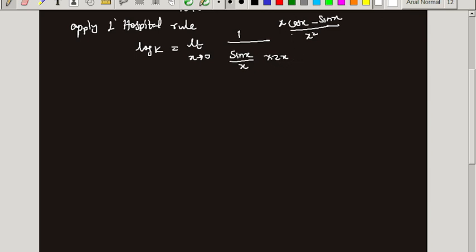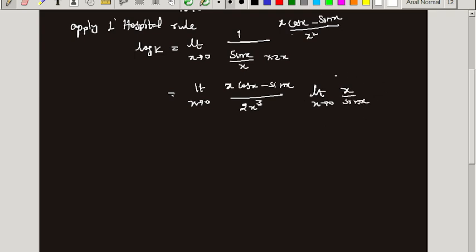So here we modify this one. Limit x tends to 0. So here we write this as x cos x minus sin x, dividing by 2x. Here x square is there. We get 2 times x cube. And this one we can write as limit x tends to 0 x dividing by sin x.